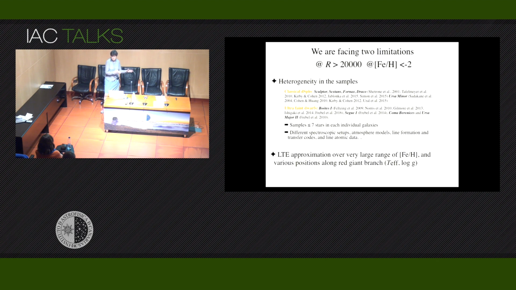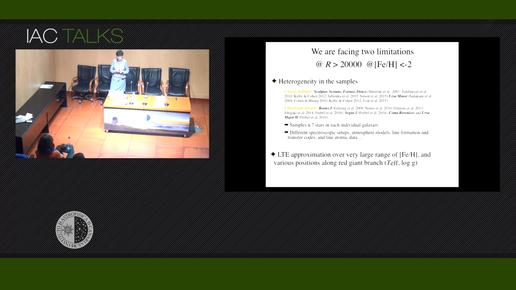So if we're interested in comparing dwarfs among themselves and dwarfs in the Local Group and in the Milky Way, we are facing two limitations from the dwarf spheroidal point of view. First of all, we are mixing together samples in different galaxies, which have been analyzed in very different ways.